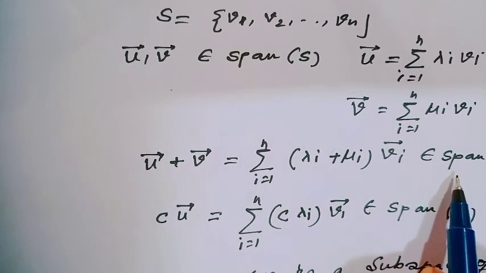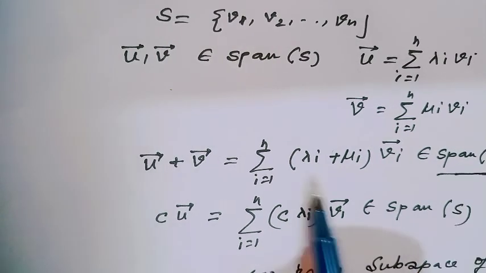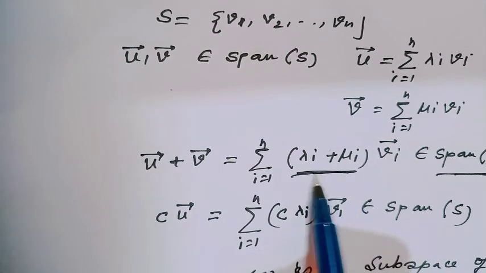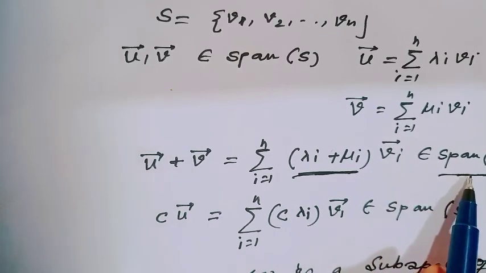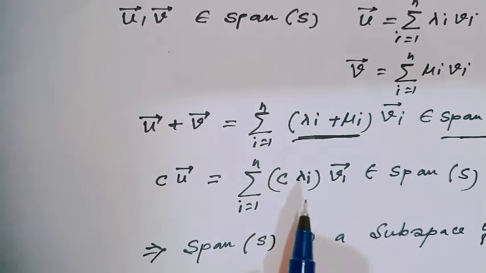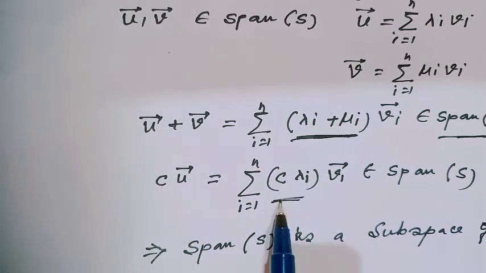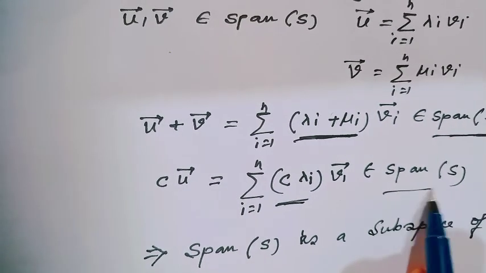Obviously this also belongs to span S because this is a scalar times the vectors, a linear combination of vectors. And cU would be the summation i equal to 1 to n of c lambda i times vi. And this is a scalar, so obviously this belongs to span S.